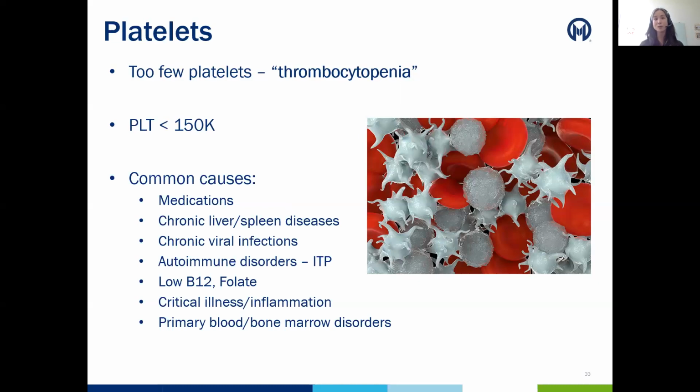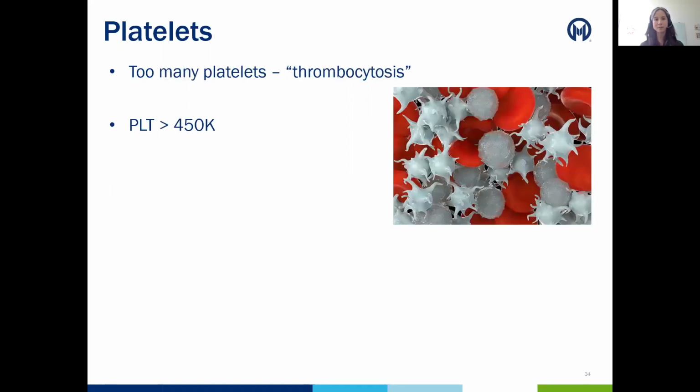So again, we can see low platelet count if a person's low in these. And again, as I mentioned before, any type of critical illness or significant inflammation in the body can suppress the bone marrow, leading to low platelet counts along with other low blood counts. And then any type of primary bone marrow disorder can also potentially cause low platelet counts as well.